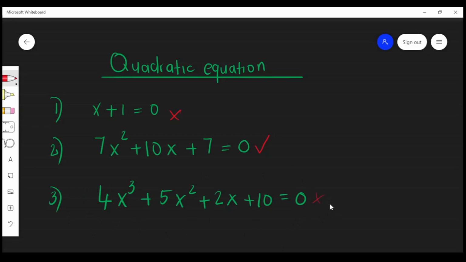So, if you are given a quadratic equation in the form of 7x squared plus 10x plus 7 is equal to 0, or in the form of ax squared plus bx plus c is equal to 0, then this is the method that you can use in factorizing it, so that you can solve for x.